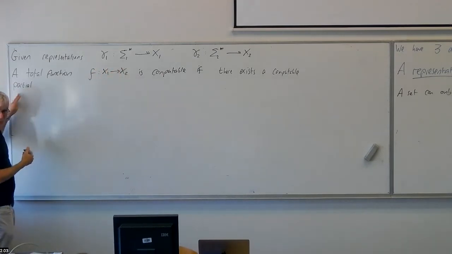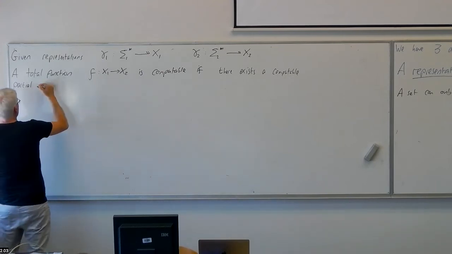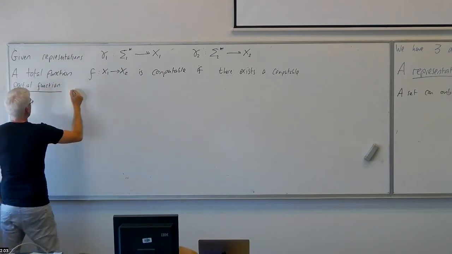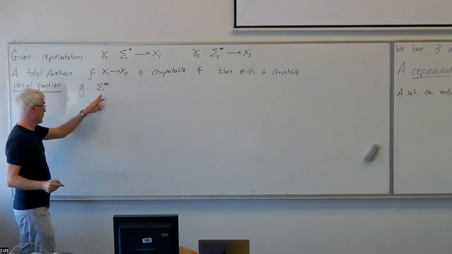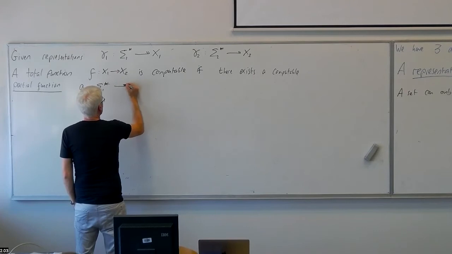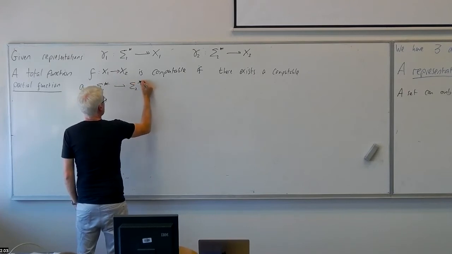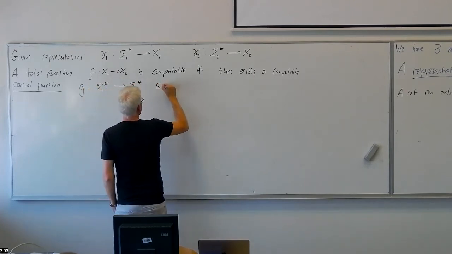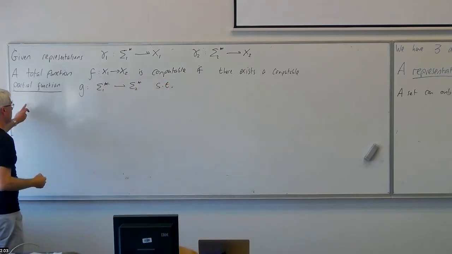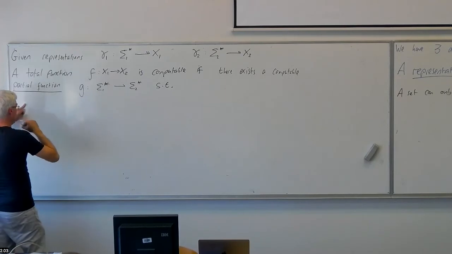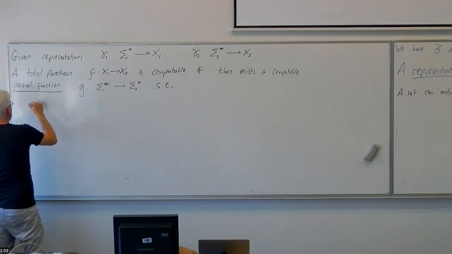And this is important. The definition would be wrong if we didn't allow this in general. A computable partial function G, mapping words over the first alphabet to words over the second alphabet, such that two things hold.